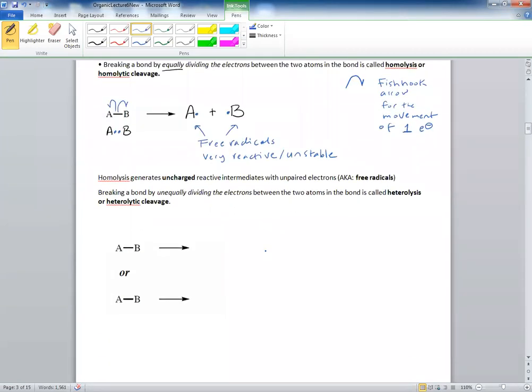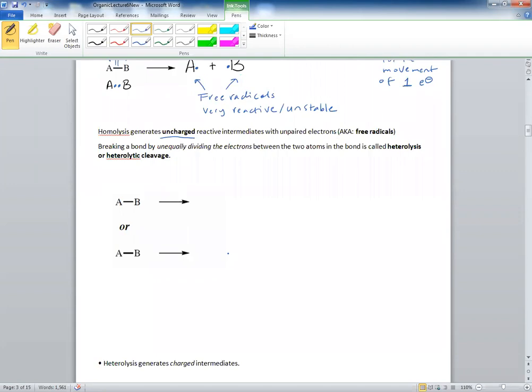The one thing that you need to be aware of is that it generates uncharged reactive intermediates with unpaired electrons. So we call them free radicals. Again, these are uncharged. They have no charge on them because they have the number of electrons that they're supposed to have. So their formal charges would be 0.